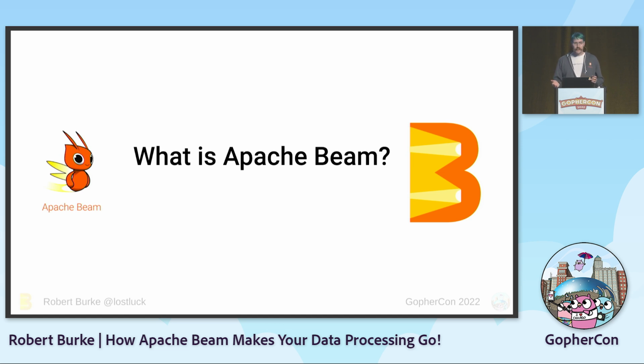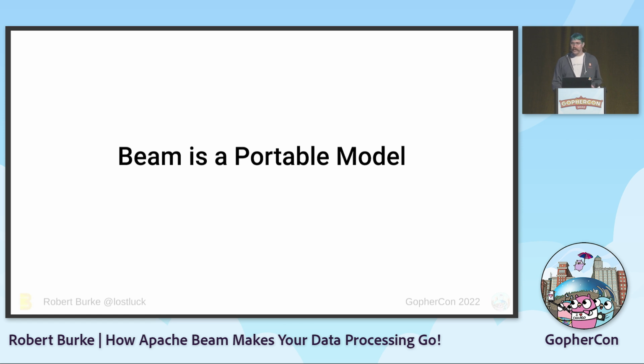So, for everyone, what is Apache Beam? Beam is a portable model. It's not a specific language SDK or runner project. It's a way to do your data processing in a language that's familiar to you, on top of infra you're already using. It's a way to divide the complexities of data processing between the runners and the user SDKs.